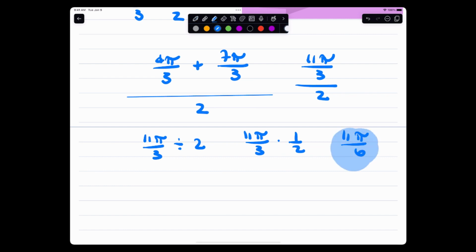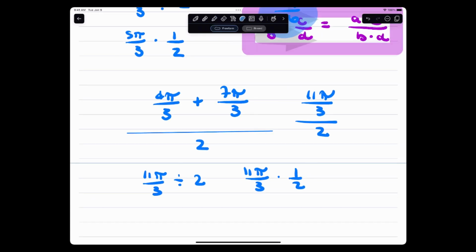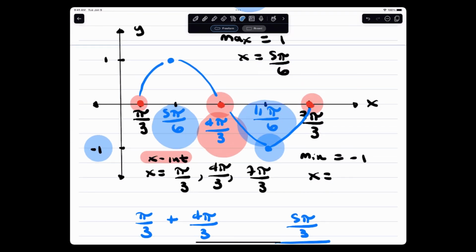There we go. Easy peasy lemon what? Squeezy. That's the arithmetic that we have to do on this. So, all right. So that happens when x is 11 pi over what?